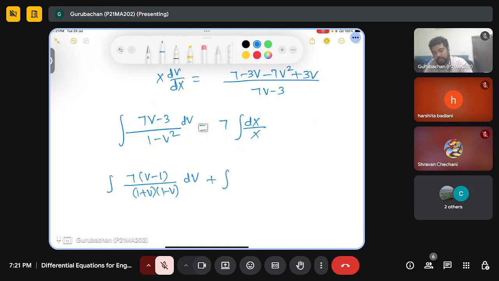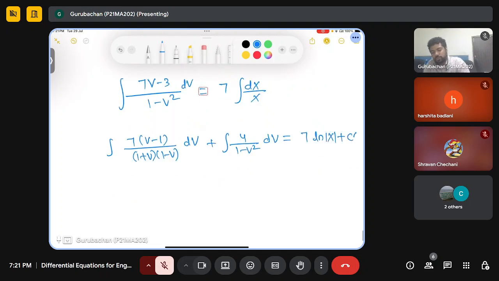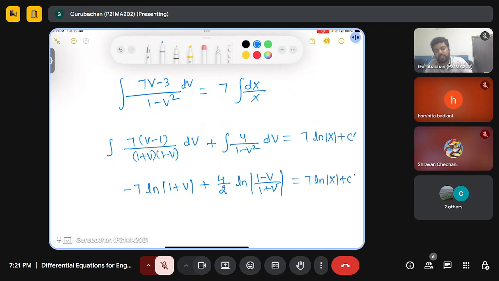So plus integration 4 by (1 minus v square) dv, and 7 ln x plus some c dash. So this 1 minus v will cancel out, and with the negative 7, this will give you 1 plus v. Correct? So next, this will give you 4 divided by 2 ln (1 minus v)/(1 plus v) is equal to 7 ln mod x plus c dash.